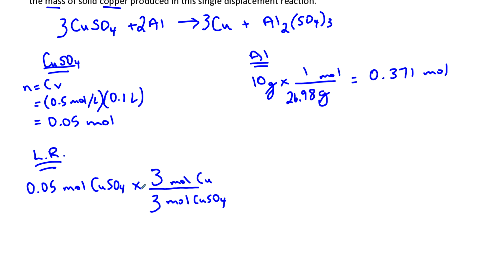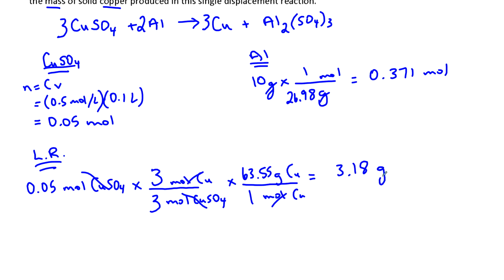So this step really doesn't change anything. And then I'm going to go from moles of copper to grams using the molar mass. So again, 63.55. So when I calculate that, I get 3.18 grams. That would be of copper.